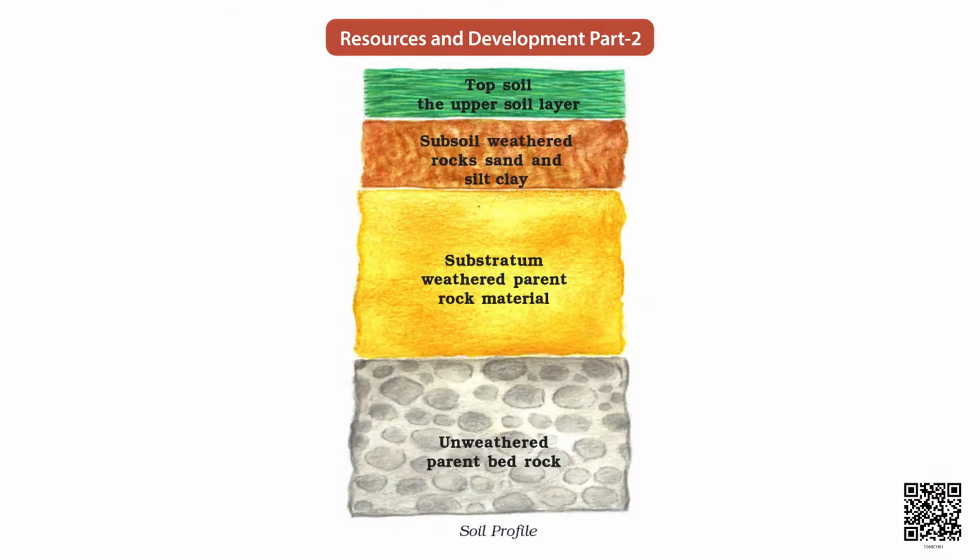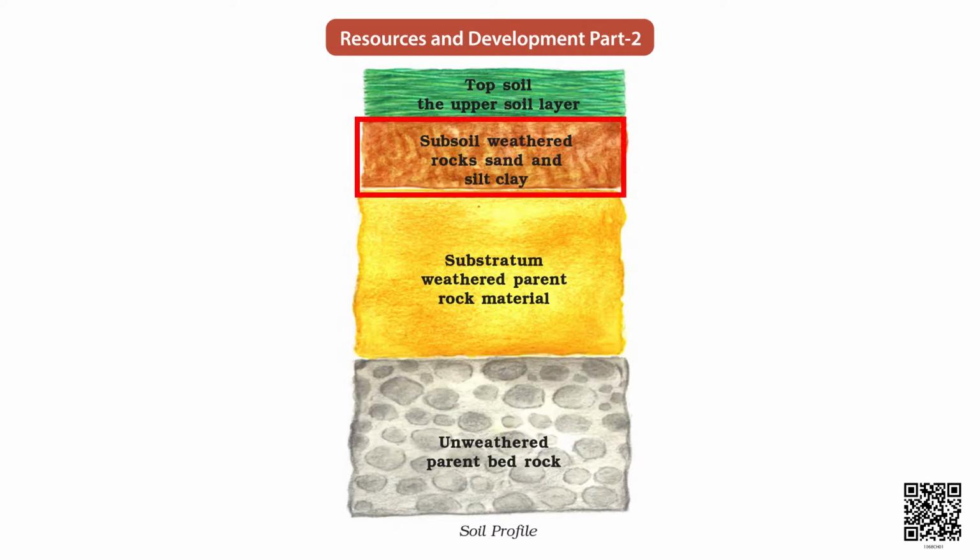This is a diagram of soil profile. A soil profile is a vertical section of soil as shown in the diagram. The first layer consists of unweathered parent bedrock. The second layer is the substratum, consisting of weathered parent rock material.